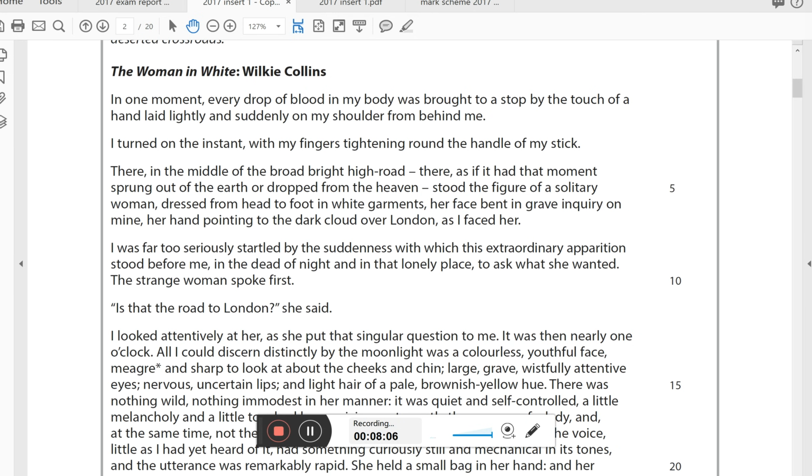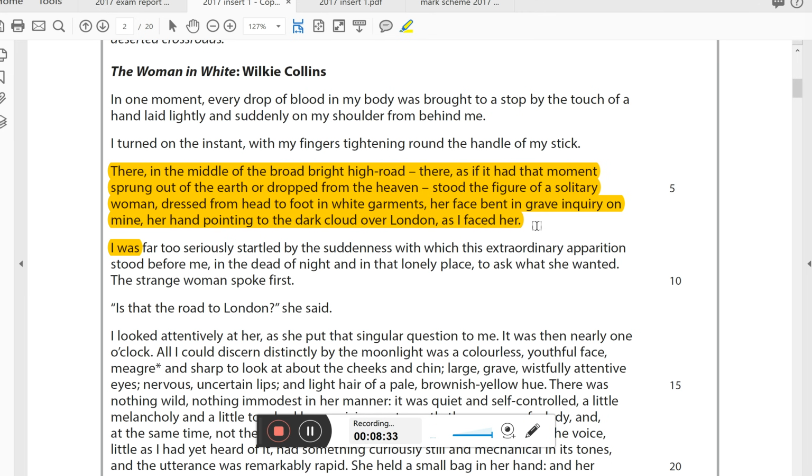Okay, so for example, here we may well want to write about the sudden appearance of the woman. This is, of course, something that we've already looked at in the earlier questions, but it's a really important part of the text.